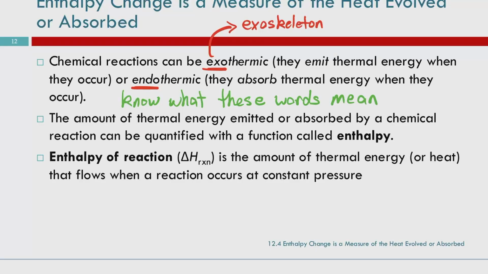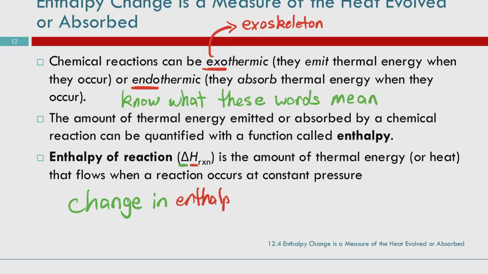We can measure the amount of heat, of thermal energy, from a reaction, and it's a function that we call enthalpy. Enthalpy, or heat of reaction, is given with this symbol, delta for change in, H for enthalpy.